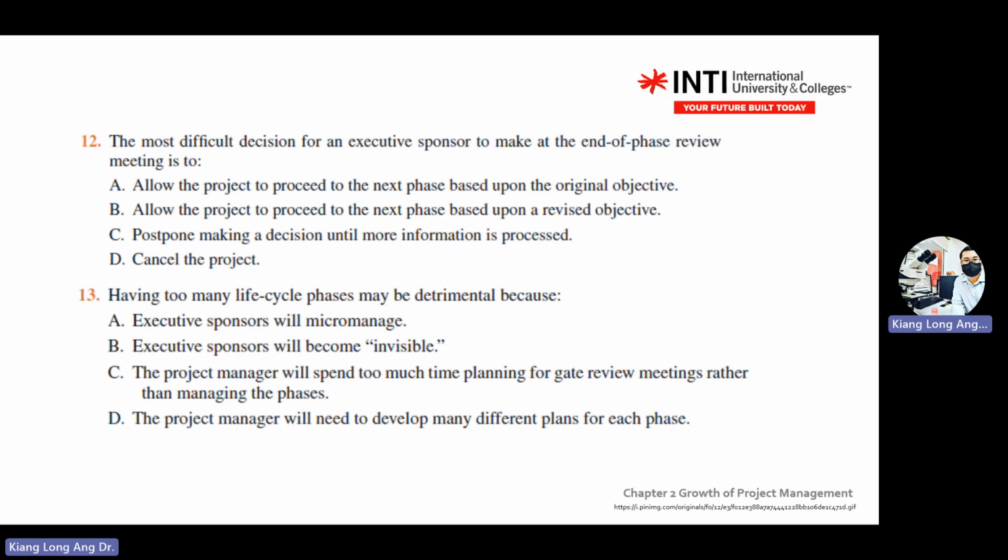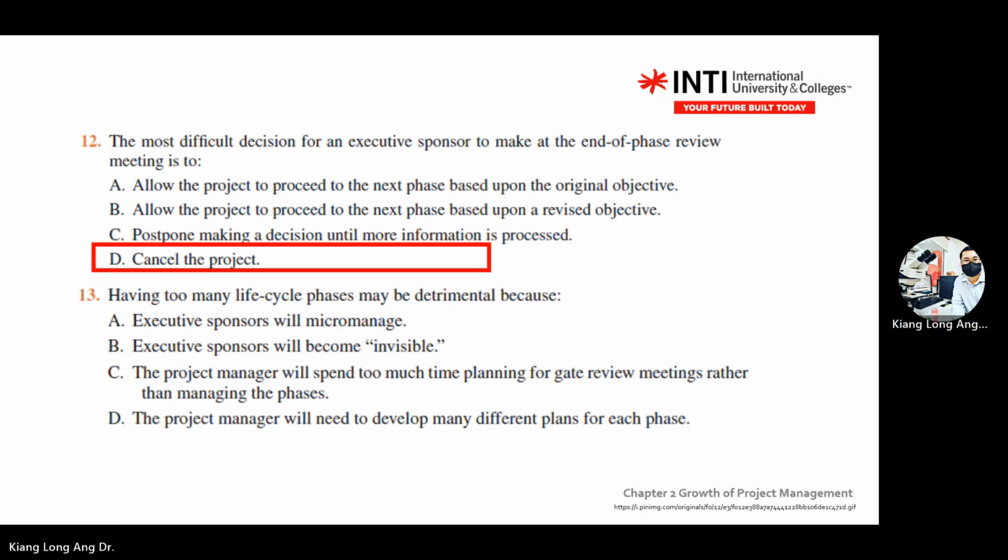You already, as sponsor, threw money in already. At the end, you cannot cancel. Okay, see, D lah. D. So this one, to me, is the most difficult decision. You threw in money already.